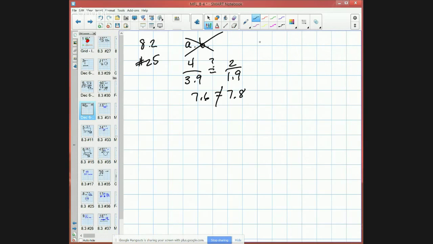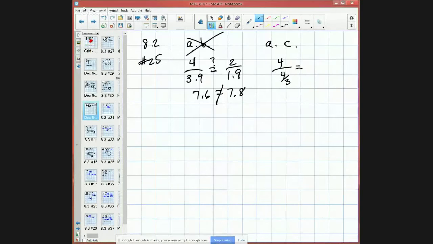Then we could try A and C. Let's see if those work. Left side of left triangle is to left side of right triangle as right side of left triangle is to right side of the little triangle on the right. If you cross multiply, this one works.